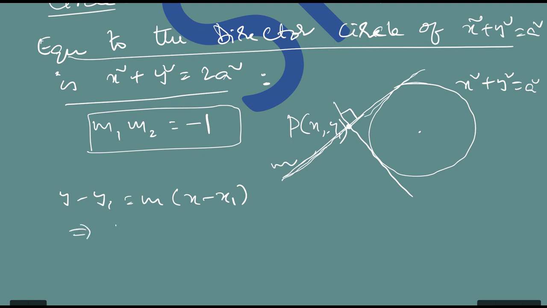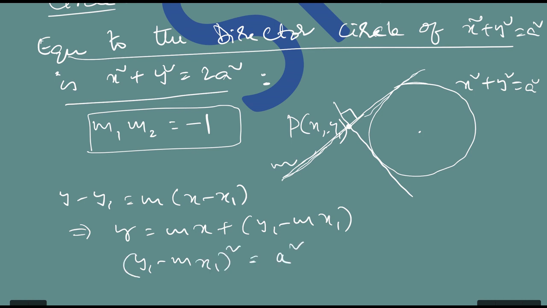So it is nothing but y is equal to mx plus y1 minus mx1. And now we use the fact that it is tangent to the circle. So the condition is c square is equal to a square into (1 plus m square).